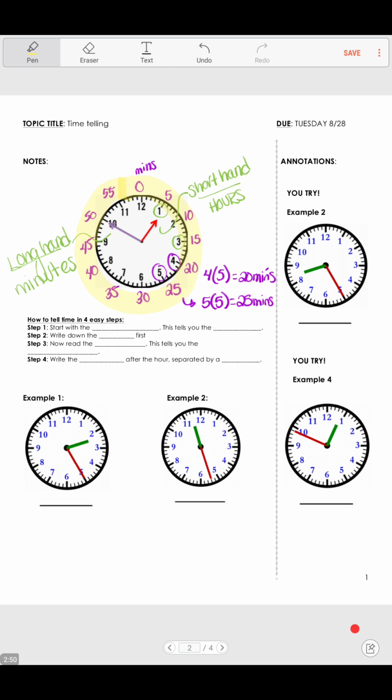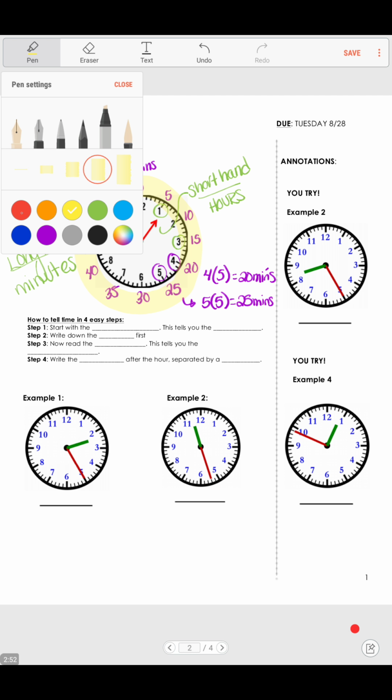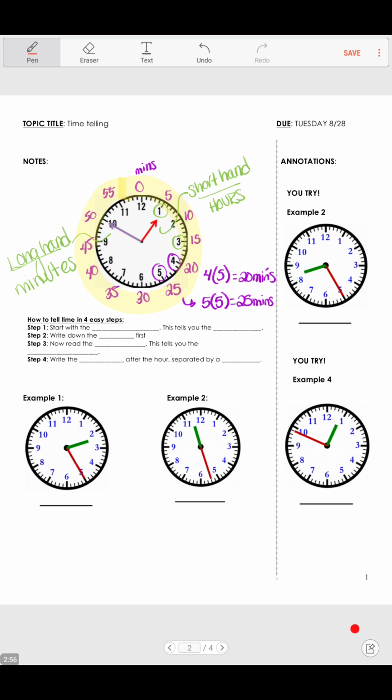Okay? So here's our 4 steps to tell time. You always want to start with the shorthand. This tells you the hour. Okay, so while we're filling out the steps, let's do example 1 at the same time. So we're going to start with the shorthand, and this tells us the hour.